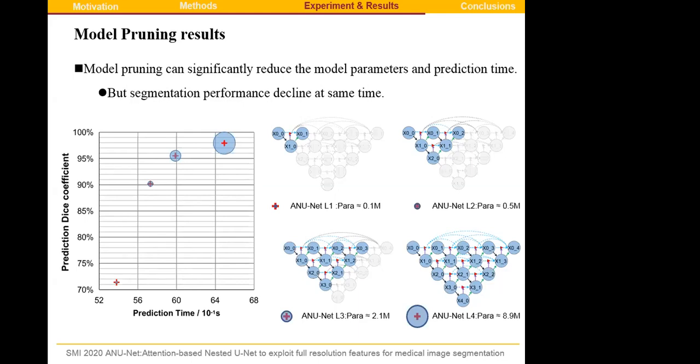So there is no need to use ANU-Net L4 during testing. A light network is enough, so we can save at least 75% of the parameters if we use L3. Model pruning can significantly reduce the model parameters and the prediction time, but at the sacrifice of segmentation performance.